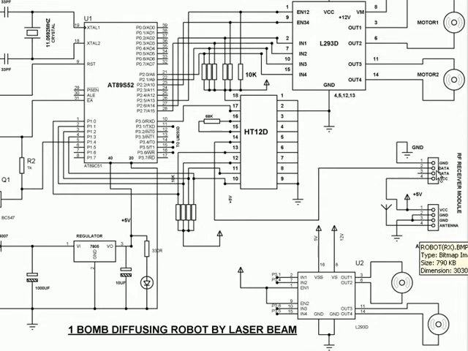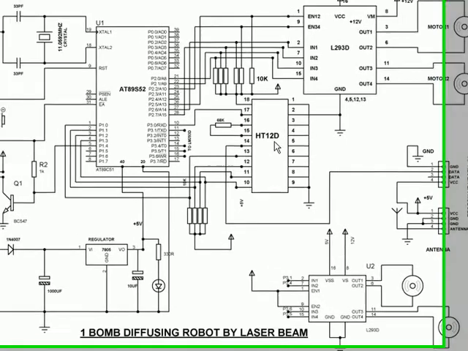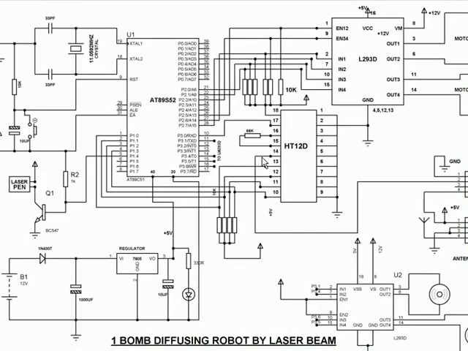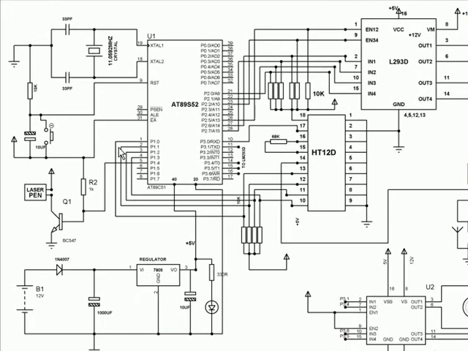This is the module, this 8 pin, 4 plus 4 8 pin, and this comes out from this module and is being fed to a decoder IC called HT12D. This decoder IC receives serial data in this pin and sends in these 4 pins the 4-bit output to the microcontroller.